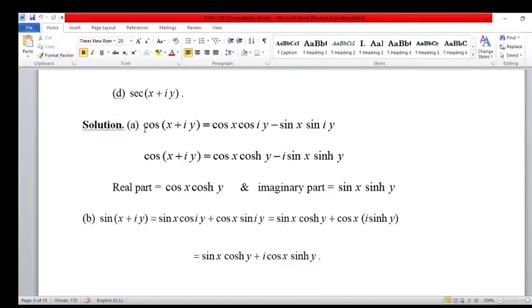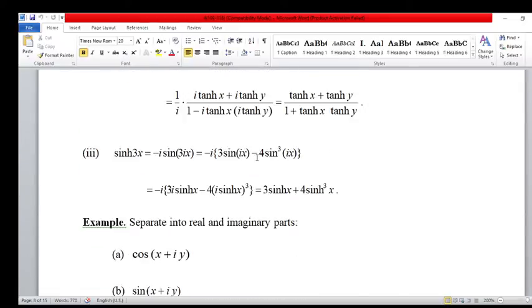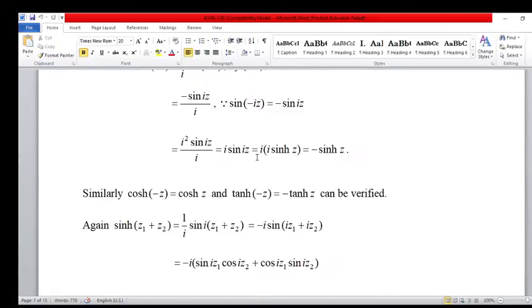So we take first cos(x+iy), and apply the cos(a+b) formula: cos a cos b minus sin a sin b. So this is cos x cos iy minus sin x sin iy. Here the plus becomes minus. So cos(x+iy) is equal to cos x, and the value of cos iy is cos hyperbolic y.